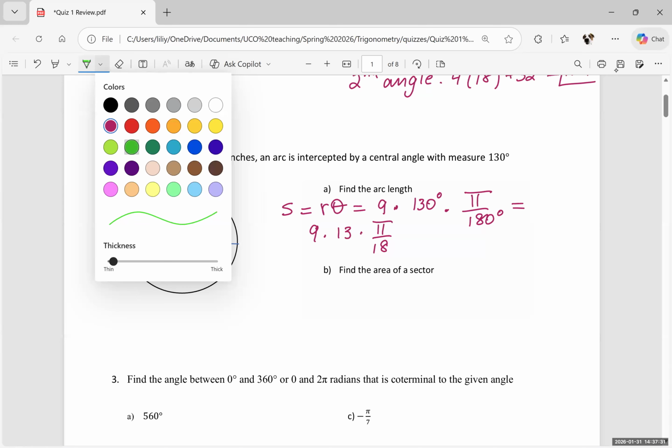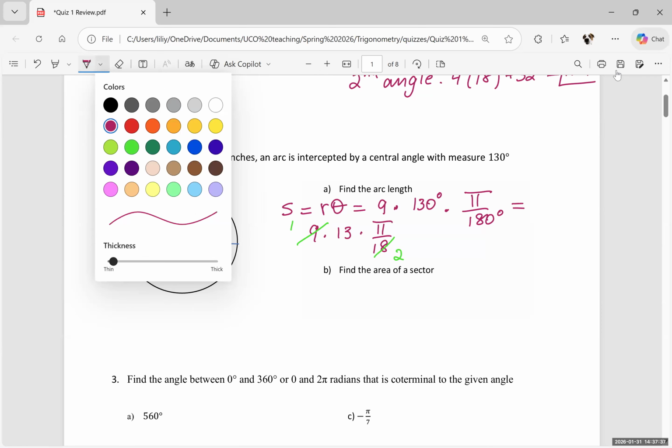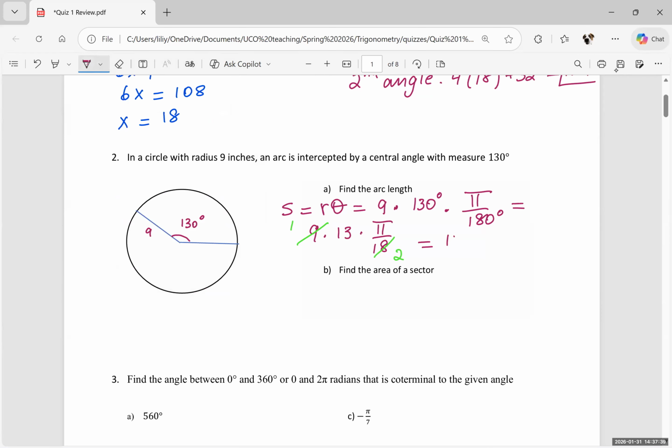And if you notice that 9 and 18 can also be reduced, this is a 1, this is a 2, and your answer is just 13 pi over 2. It's in inches. We're not going to simplify it anymore. We don't have calculators, so leave it as a fraction.